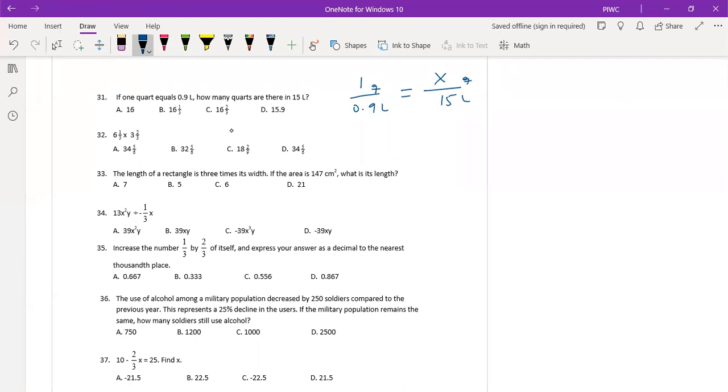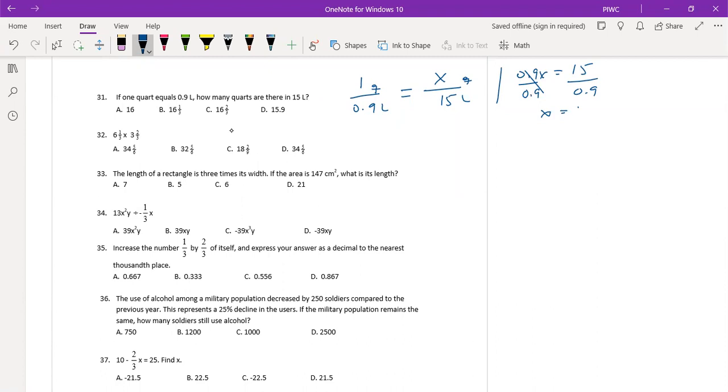So 0.9x is equal to 15. Then divide. So x will be 15 over 0.9.